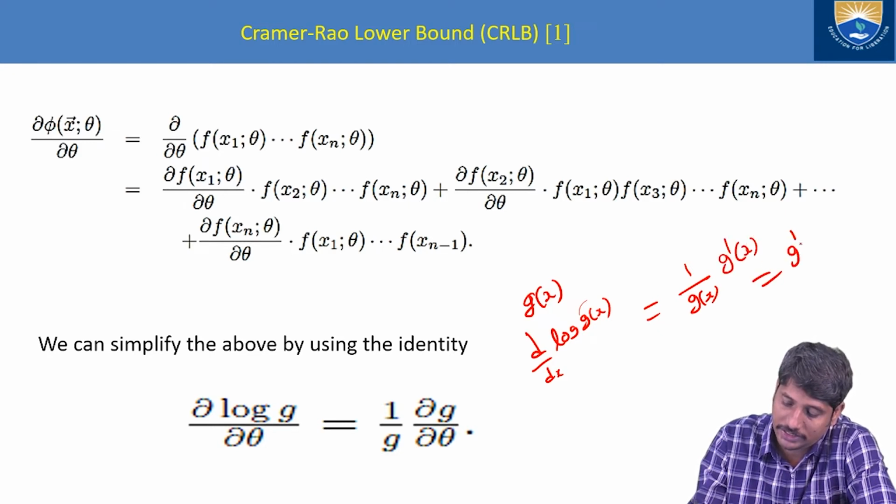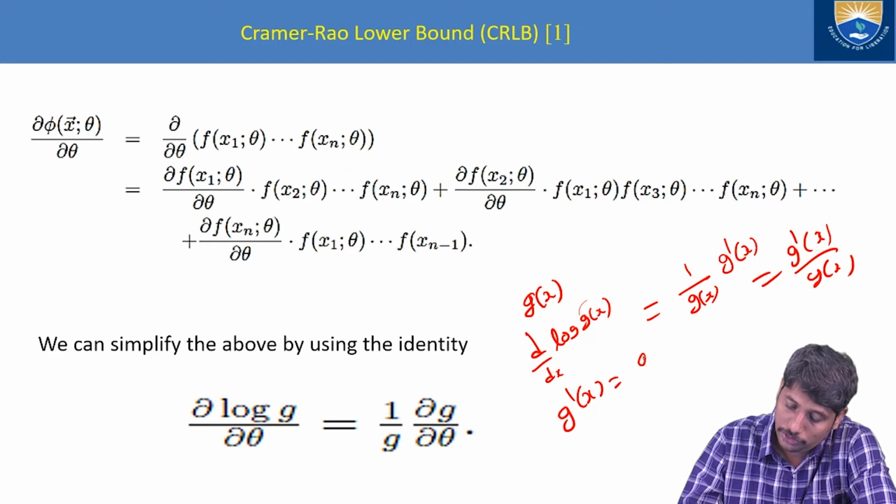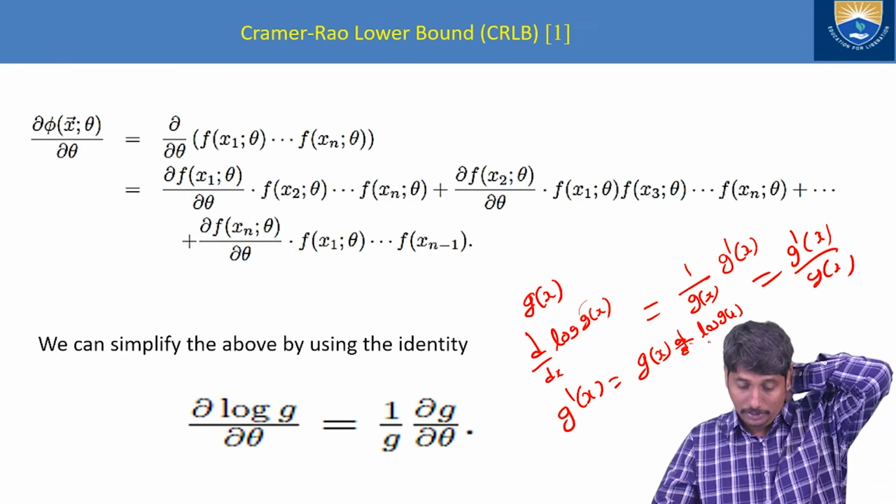That means g dash x by g of x. From this, what do we get? g dash x is equal to g of x into d by dx of log of g of x. Okay, this is what we understand.